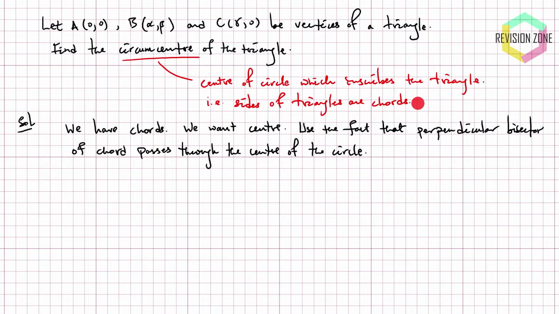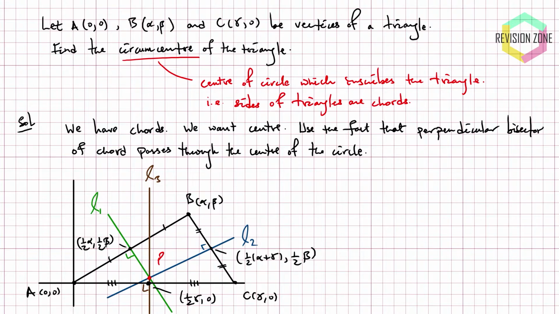And to be able to figure out the center of that circle, we're going to use the fact that perpendicular bisectors of chords intersect at the center. In other words, the perpendicular bisector of each chord in any circle will always pass through the center of that circle, okay? So let's look at a diagram to get a sense of what's really happening.